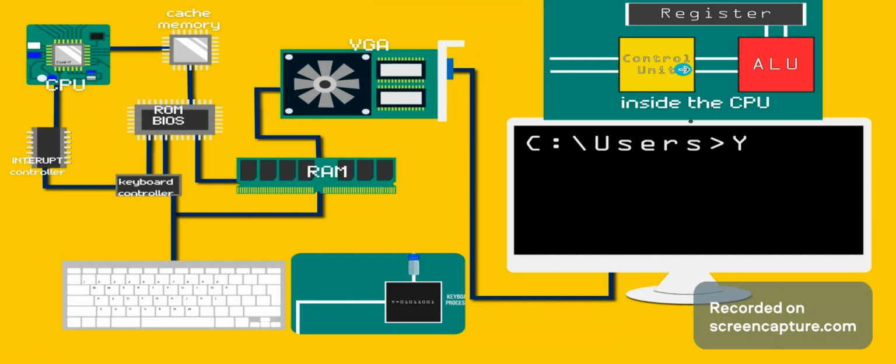It will send to the ALU, or arithmetic logic unit, and continue to the register, back to the ALU, back to the control unit, and to the memory, then continue to the ROM BIOS, to the keyboard controller, back to the ROM BIOS, to the RAM, and on to the VGA, and then it will send to the monitor, and your letter will be shown.